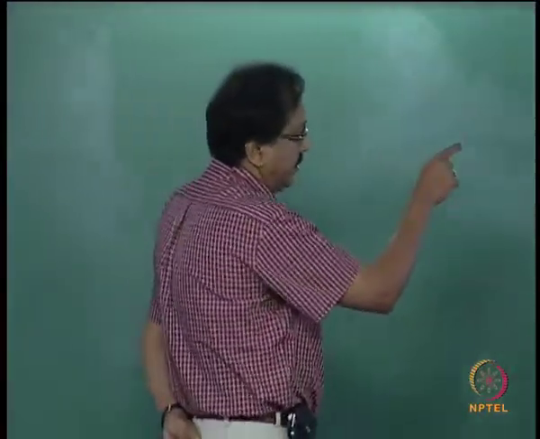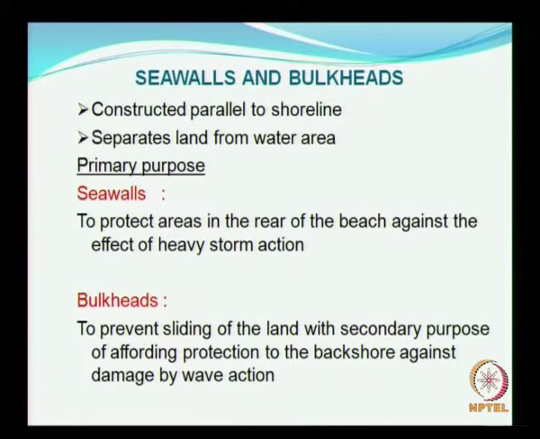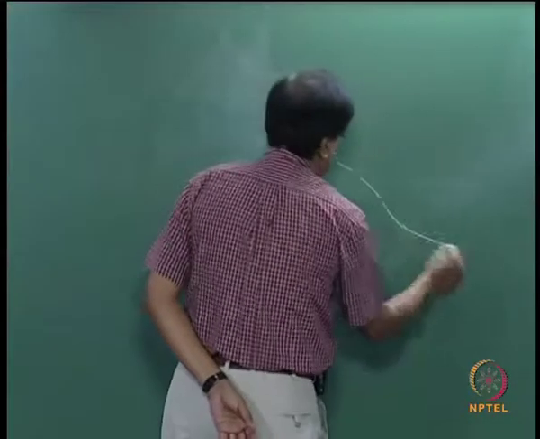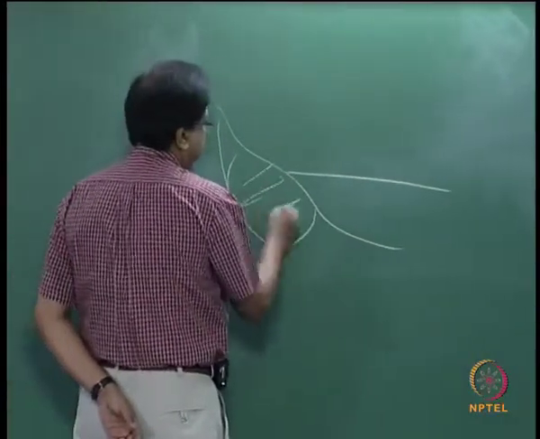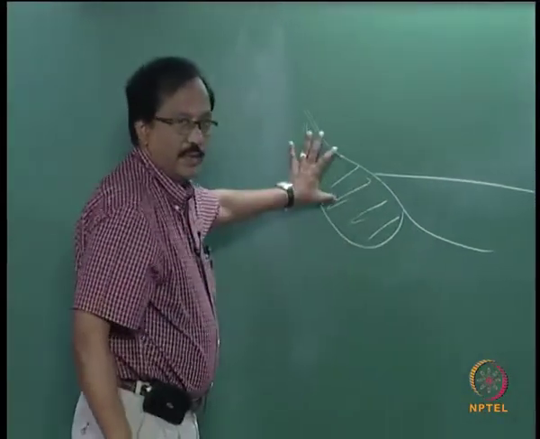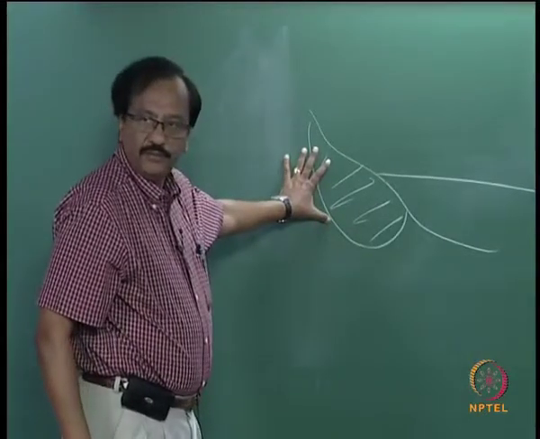For example, sea walls, its main purpose is to protect the rear side of the beach against storm attack. So, again, this side of the area is getting eroded, so you put the sea wall.